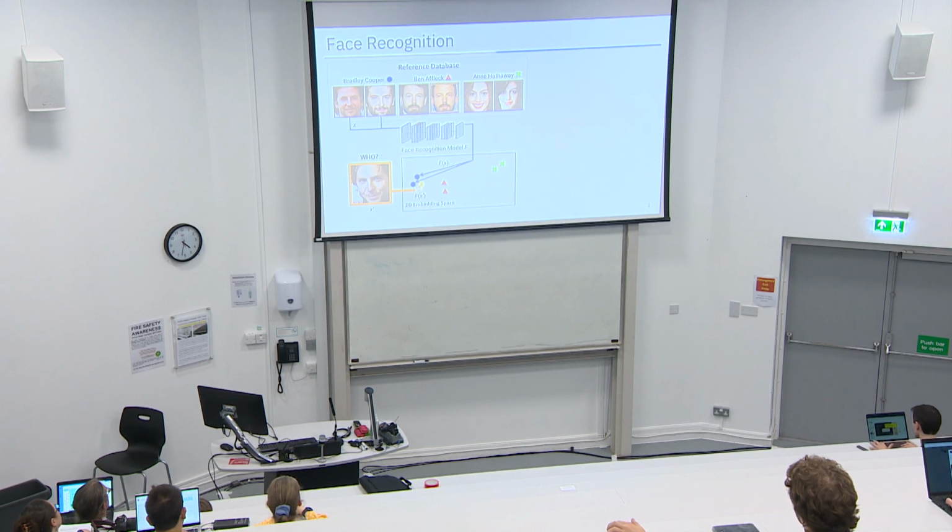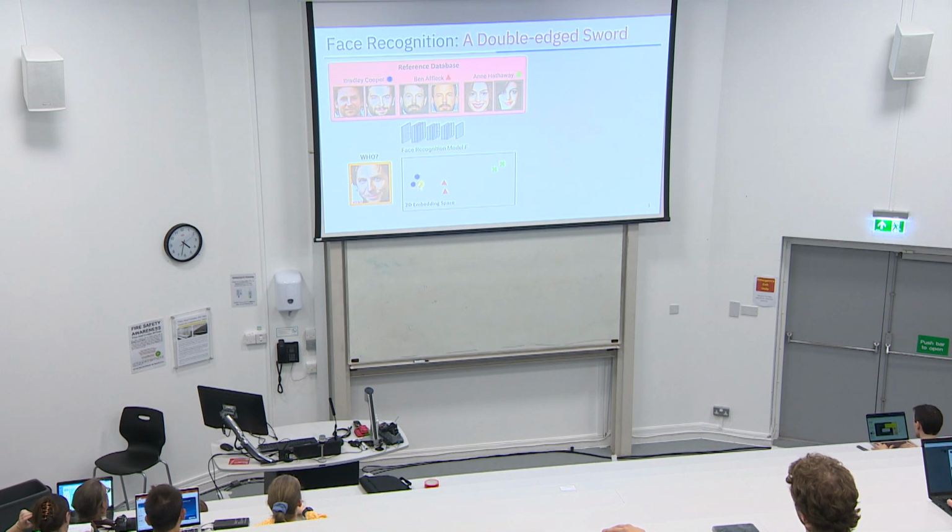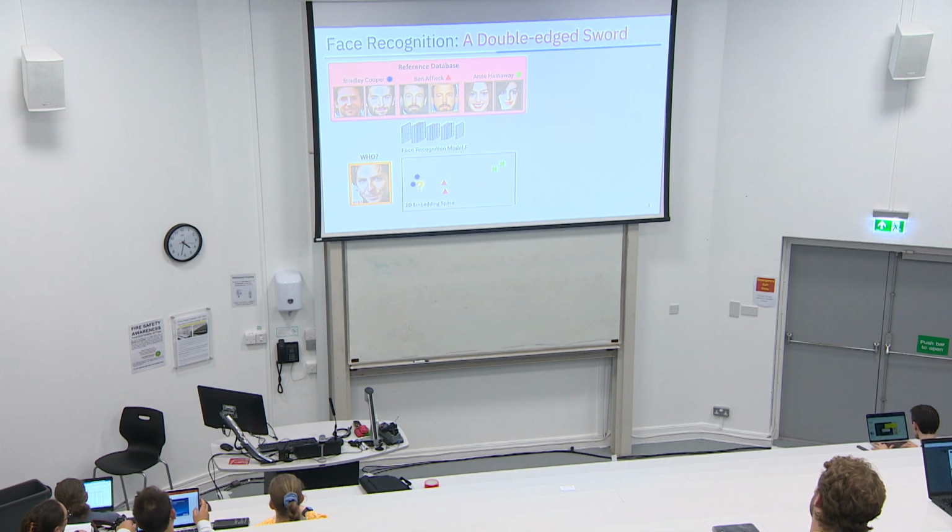Then when you have an image of an unknown identity, you can simply reuse the same FR model to extract the corresponding embedding, and then look for nearby images with a known identity. This property in face recognition lowers the bar for anyone to build an FR system, as long as a reference database can be constructed.